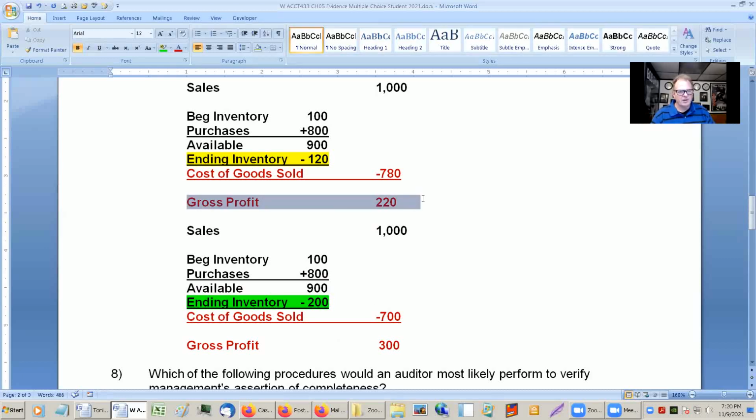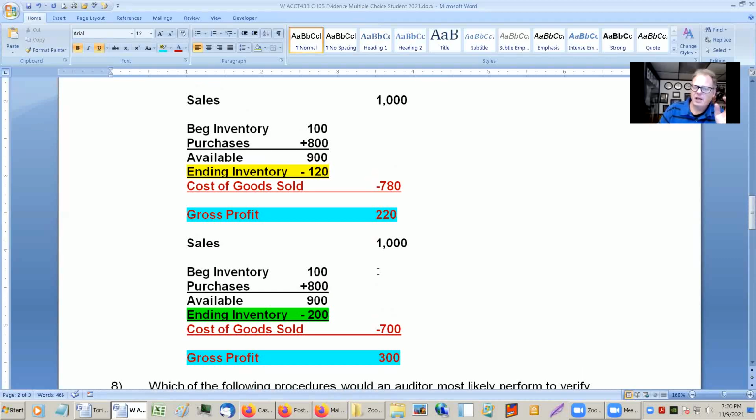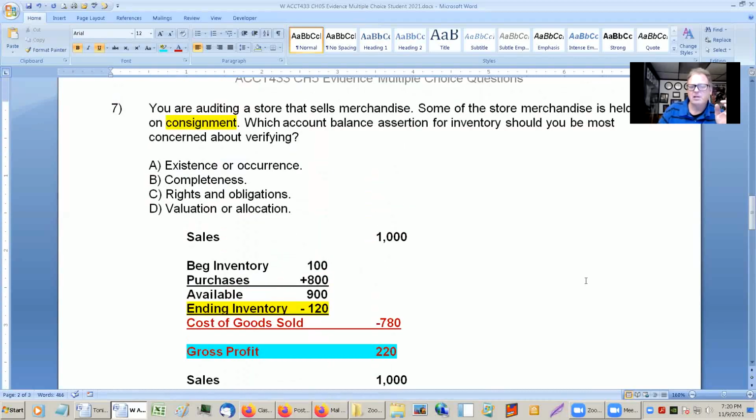You run into this scenario because this extra inventory is put in there, it makes your profits look a lot more, because it means your cost of goods sold is less. So there is a problem with it, you want to make sure that they have the actual title to it. And you guys hit it on the head.